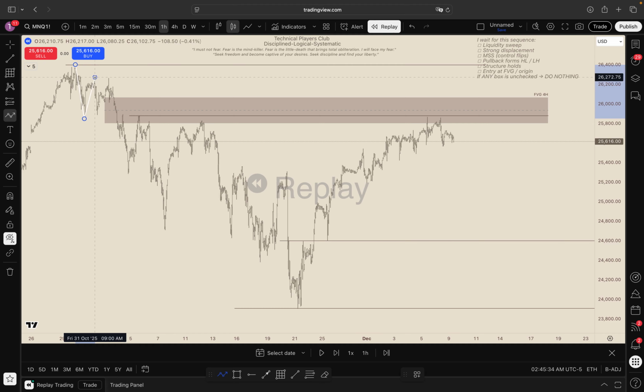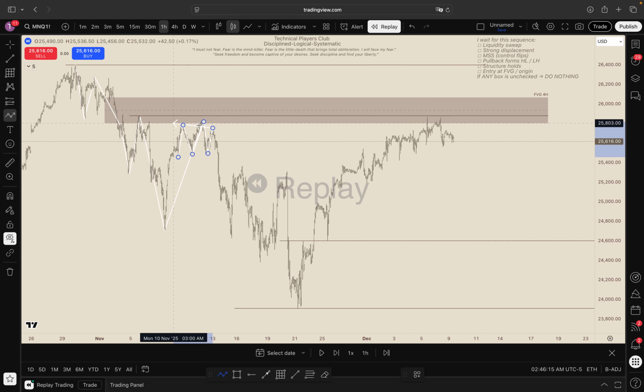Now, in my story, price has been trending up. It was previously trending down. Now we're getting to structure a bit. You feel me? Let's go from here. We have high, low. Let me use the other tool. My bad.